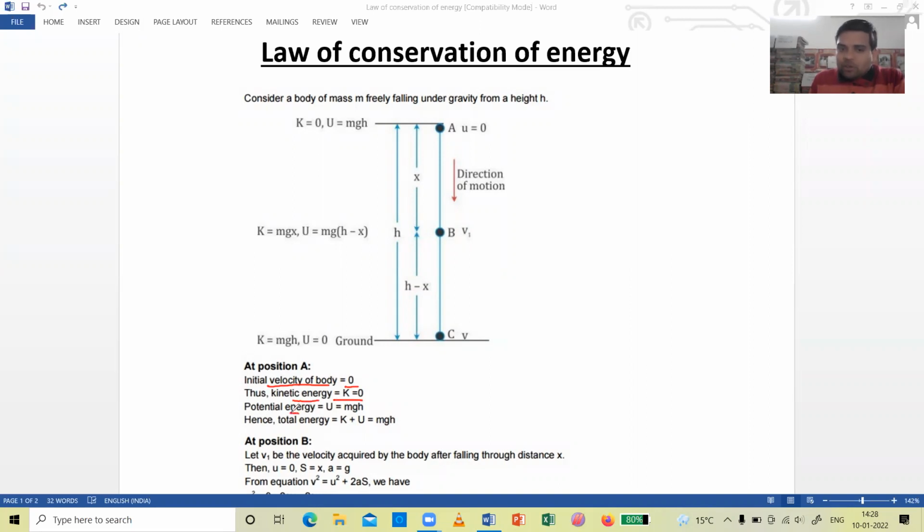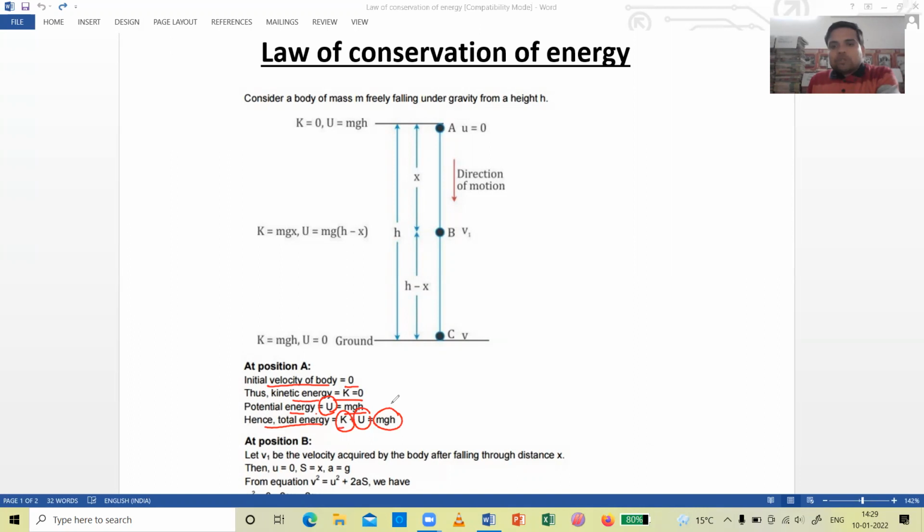And the potential energy due to the height at position A is going to be mgh. Hence, the total energy at position A will be equal to the sum of kinetic energy and potential energy, and the total energy comes to mgh.